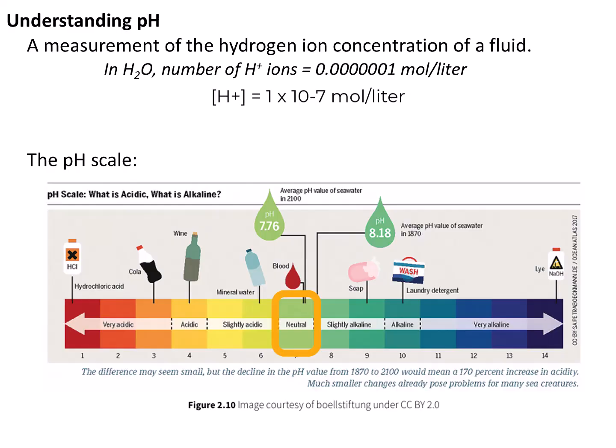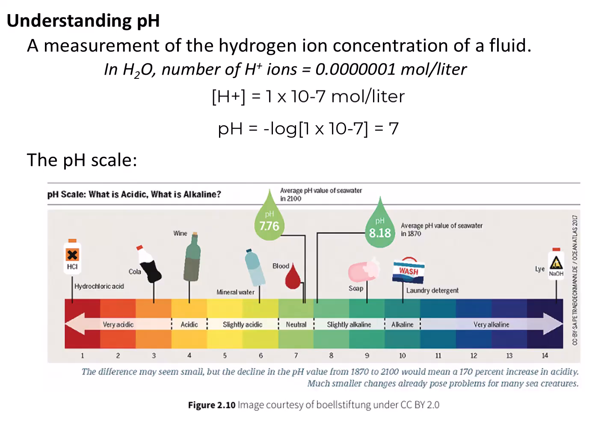So something that has a neutral pH contains a concentration of hydrogen ions of 1 times 10 to the negative 7th moles per liter. If the concentration of hydrogen ions is 1 times 10 to the minus 7th moles per liter, we can rewrite this as the negative log of 1 times 10 to the minus 7, which equals 7. This is how we get the pH number.